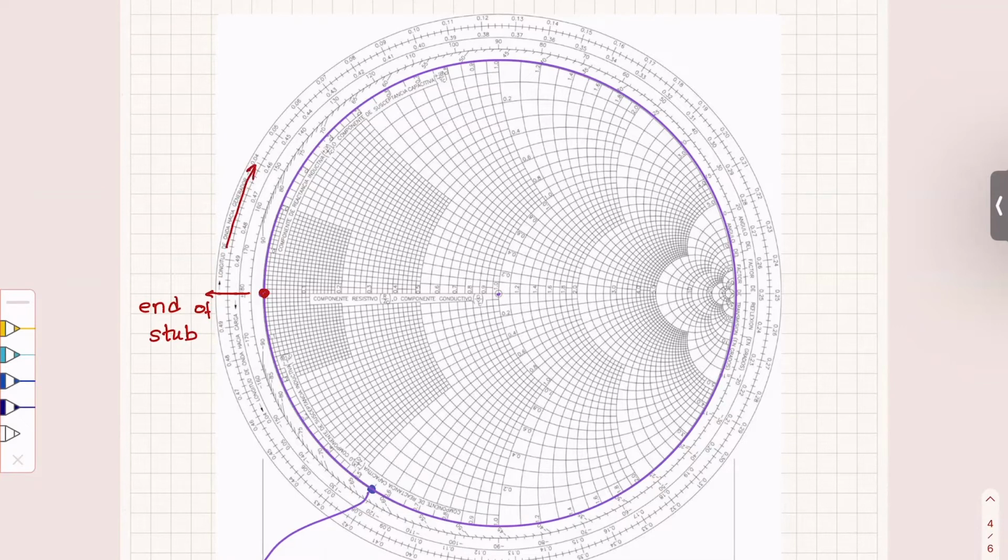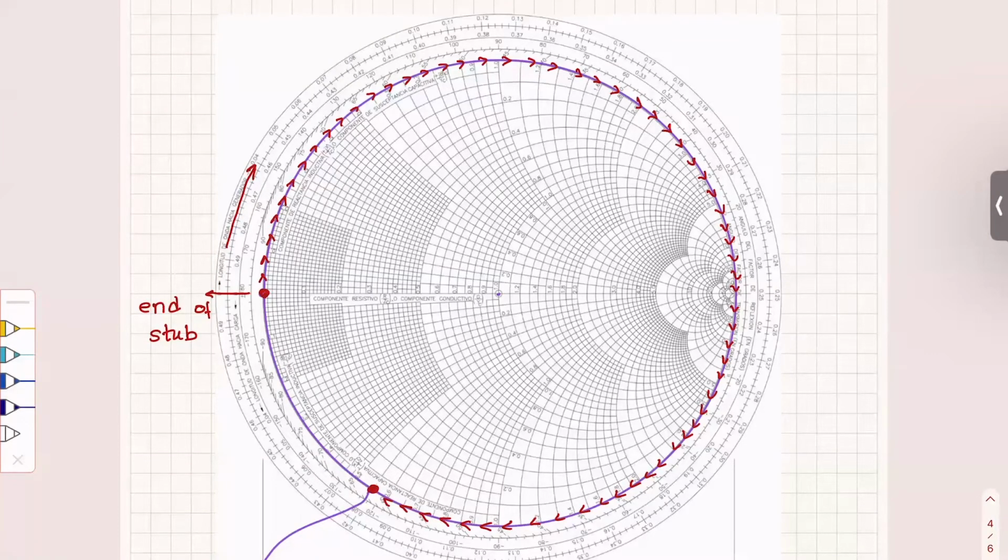But we have to move until we come down here. So we're going to move like this, all that circle, until I stop here.